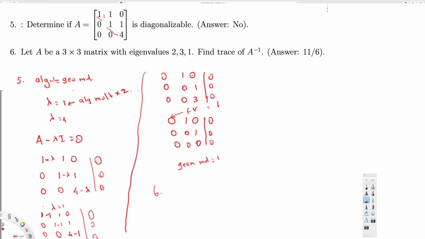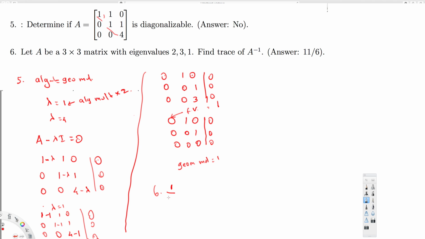They have given the eigenvalues for A. There's a property of eigenvalues that we can simply take the eigenvalues of A and use lambda inverse. If you find the lambda inverses and add them together, that's going to give the trace of A inverse. That's one of the properties.